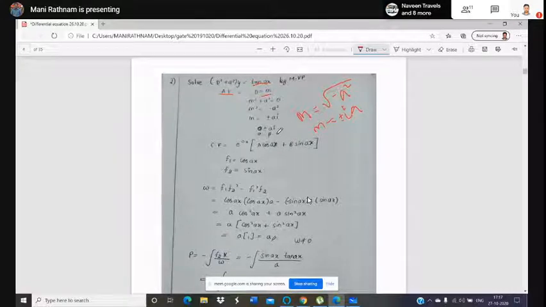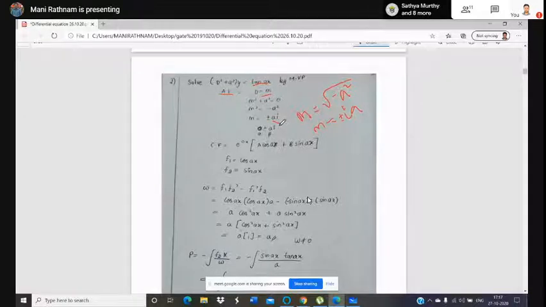Here you get a complex number. So you should know how to represent the CF when the roots are complex. The CF equals e power 0x, the alpha value, this is the formula, alpha plus or minus i beta, into a cos beta x plus b sin beta x. Here beta is a.